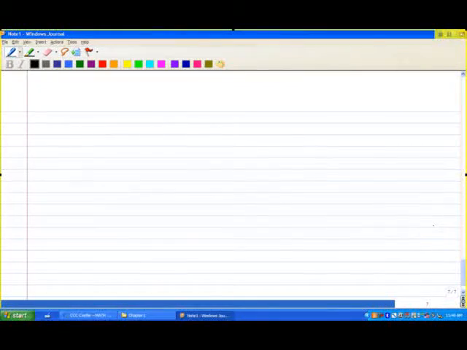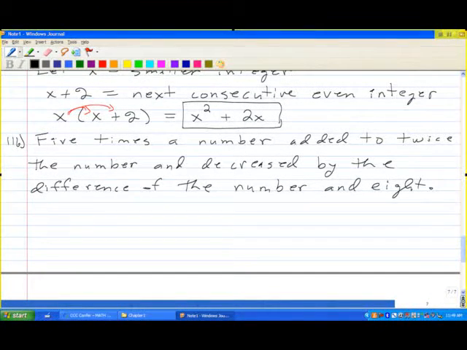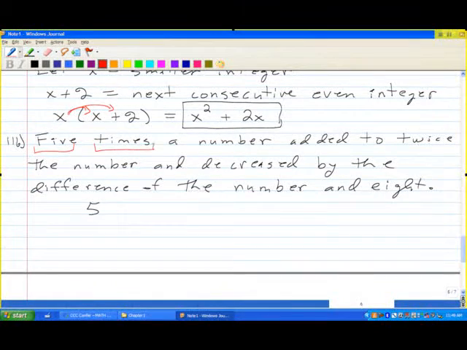Okay, so let's do this. I have 5 times a number added to twice the number.